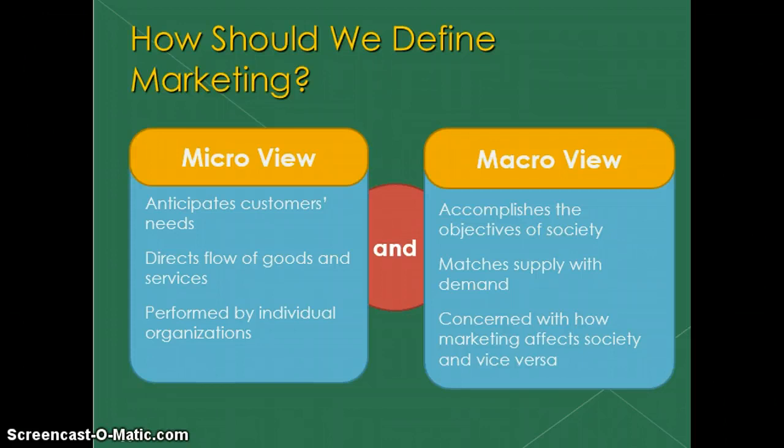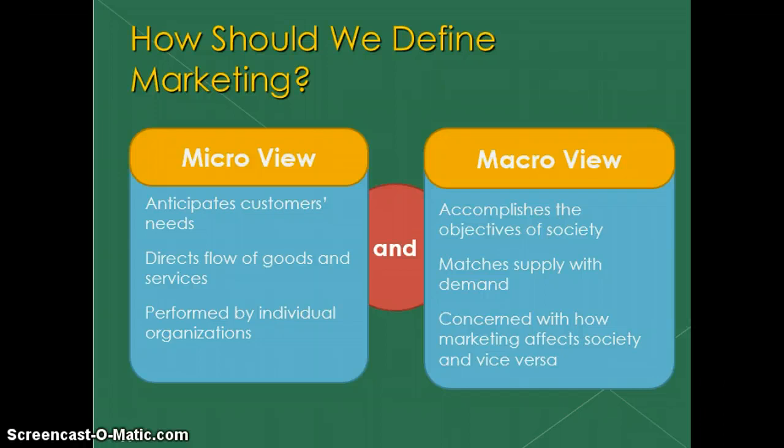The micro view of marketing includes activities that anticipate the needs and the wants of customers, that direct the flow of goods and services to the customers, getting the products to them, getting the information about the products to them. The micro view also includes activities performed by individual organizations, one company at a time, separate from all the other ones. What does one company do that other companies do not do?